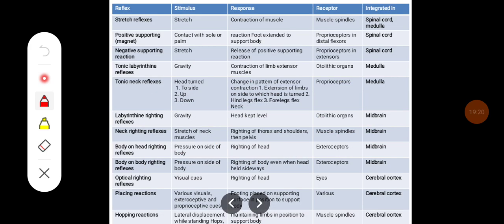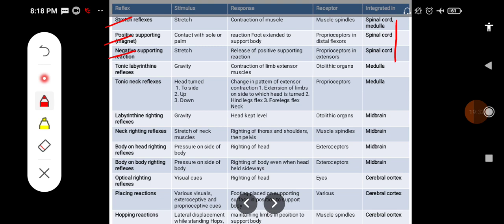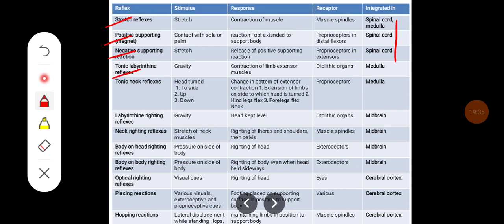Okay. So these are the various postural reflexes. Stretch reflexes, positive supporting and negative supporting reactions are integrated at the spinal cord, whereas labyrinthine reflexes, tonic labyrinthine and tonic neck reflexes are integrated at the medulla. Labyrinthine righting reflex, neck righting reflexes, body on head righting reflexes and body on body righting reflexes are integrated at the midbrain level.